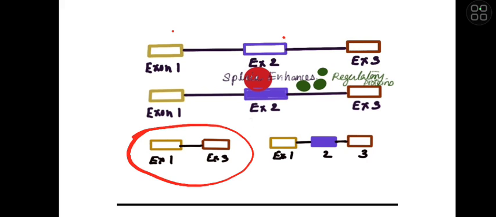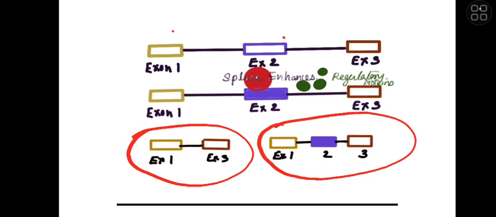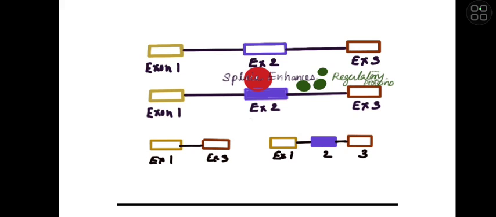Whereas if the regulatory proteins bind to the splicing enhancer, it will retain exon 2, so that it becomes exon 1, 2 and 3, which will result in another protein. These two proteins are different because of the presence and absence of exon 2. So this is how regulatory splicing, that is alternative splicing, works.